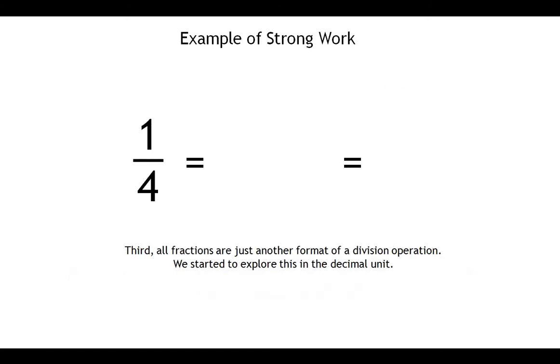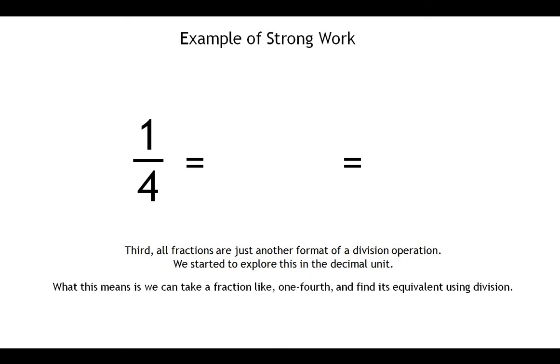Third, all fractions are just another format of a division operation. We started to explore this in the decimal unit. What this means is we can take a fraction like 1/4 and find its equivalent using division.